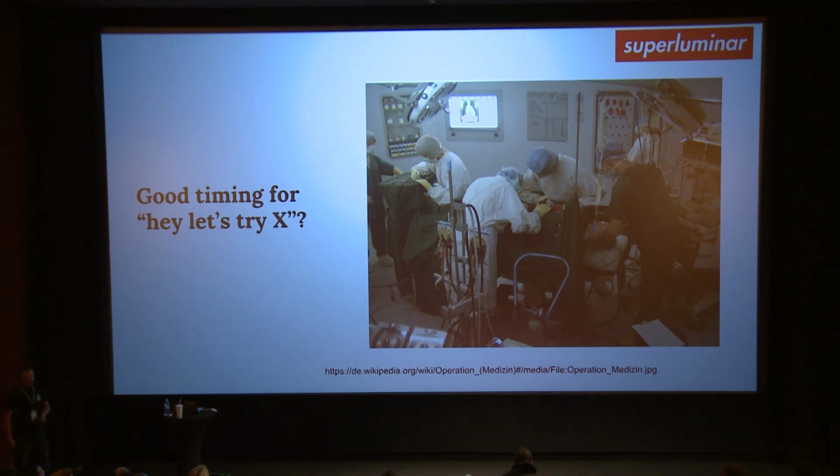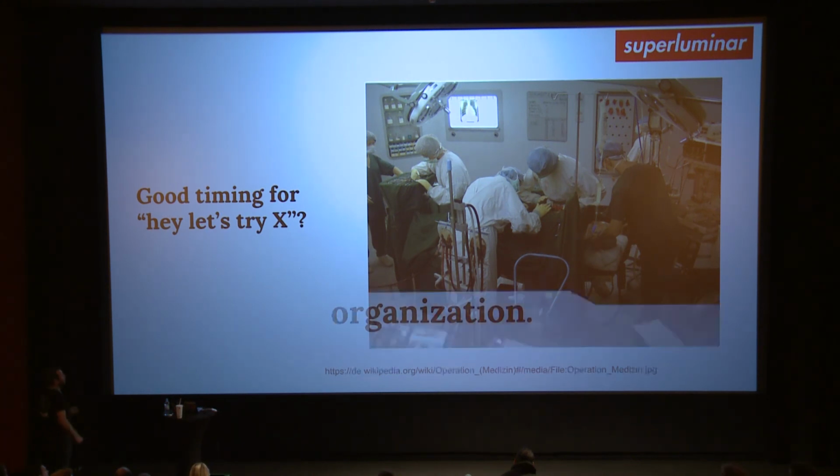Might be not a good timing for an experiment. So organizations are there to be resistant to learning, because in this situation they might just use their checklists and their experience, but might also do small experiments, but not like a bigger one, like, okay, what happens if I pull out this, whatever.